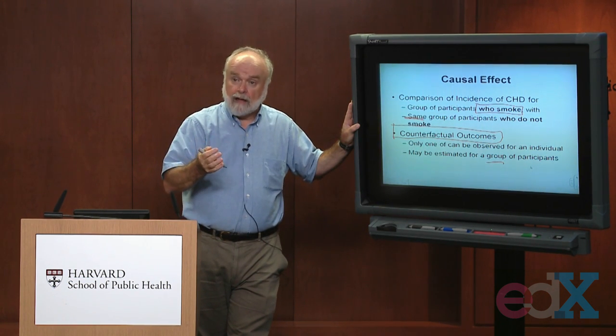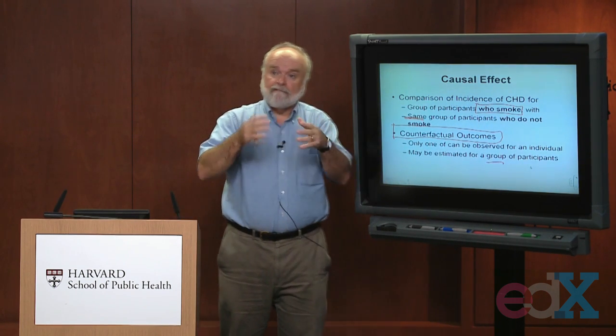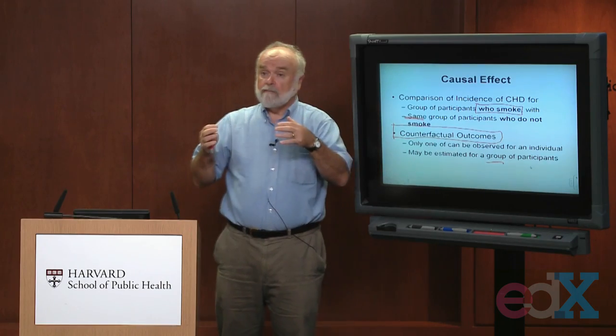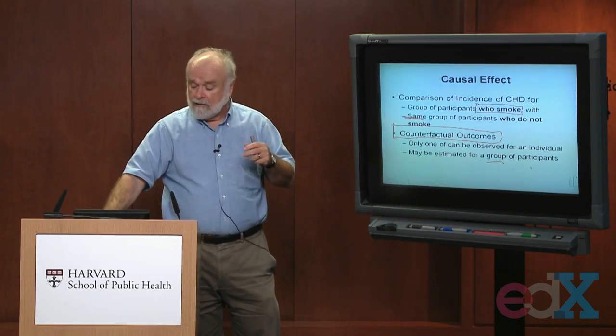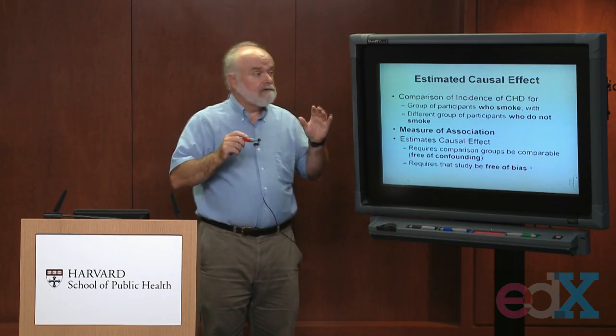And that's where epidemiology comes into play. We're going to use another set of people, non-smokers, to estimate what would have happened to the smokers had they never smoked. And that's where the measures of association that we'll be talking about in this series of lectures come from. So how do we estimate these causal effects?